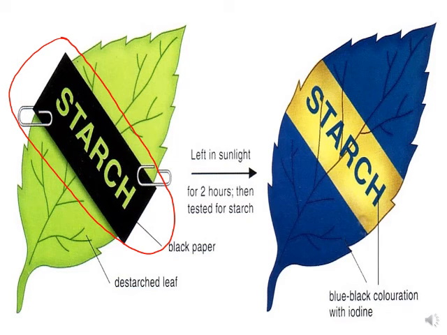However, the part that is not covered and is exposed to sunlight shows a dark blue color. This means that light is important for the process of photosynthesis. Without light, there is no production of starch and there is no photosynthesis process.